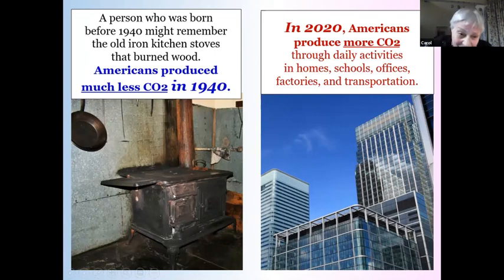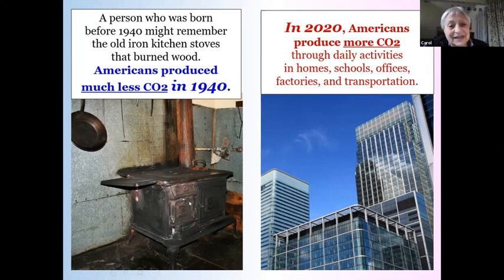I used to visit my uncle's farms in Nebraska in the arid West, and to cook and to stay warm in winter, they used to burn corn cobs and coal because they didn't have a whole lot of trees.